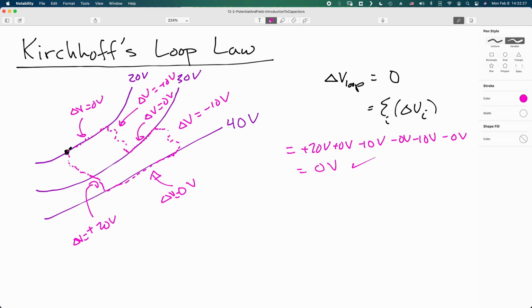Otherwise, the electric force isn't conservative by definition of conservative. And then if I divide that test charge back out, that's saying the same thing about the voltage. So this is a natural consequence of conservation of energy, but it's a result that we're going to be using a lot.